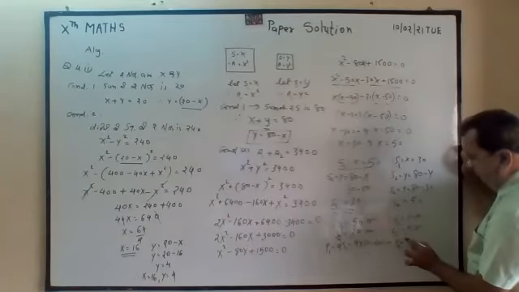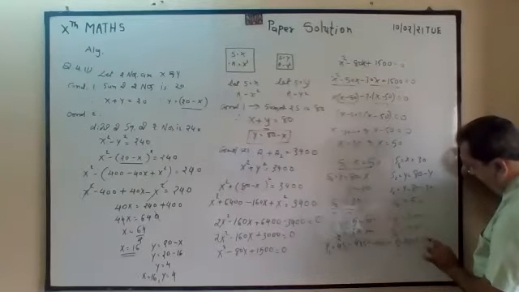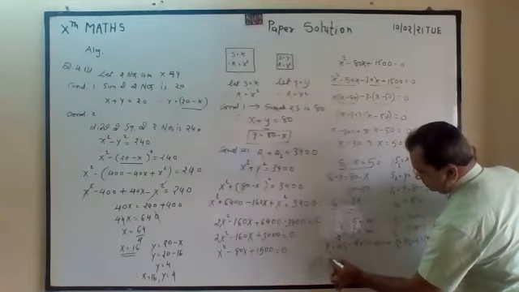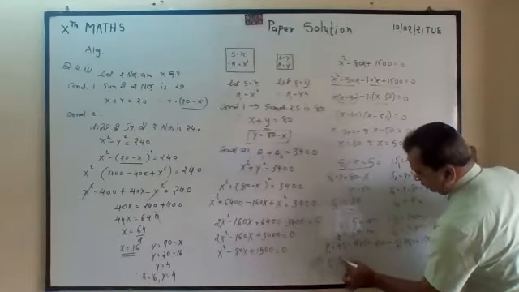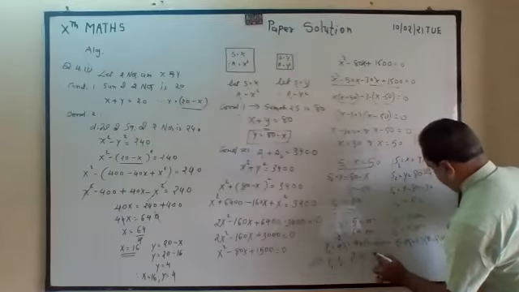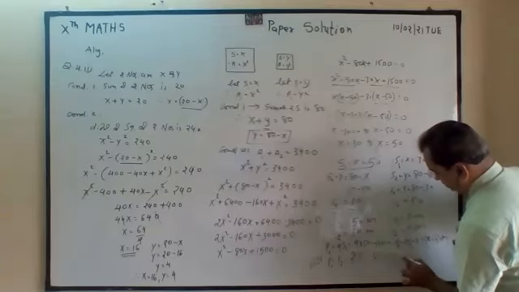Perimeter of second is 4 into side 2, 4 into 30, 120 meter. So difference, perimeter 1 minus perimeter 2 is equal to 200 minus 120 is equal to 80 meter.